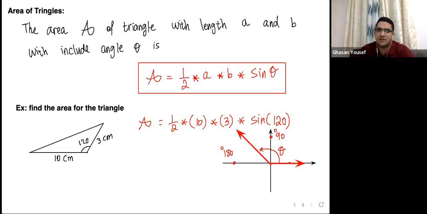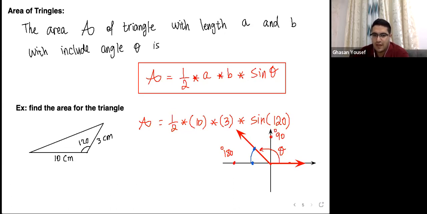Now we should know what the reference angle is. The reference angle is the acute angle between the terminal side, this is my terminal side, and the x-axis. Here's my x-axis. So this is my acute angle. What's the value of my acute angle? It is 60, correct?